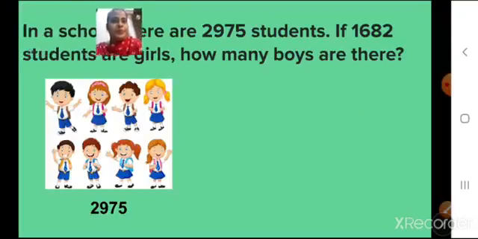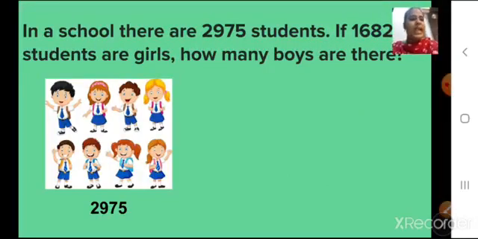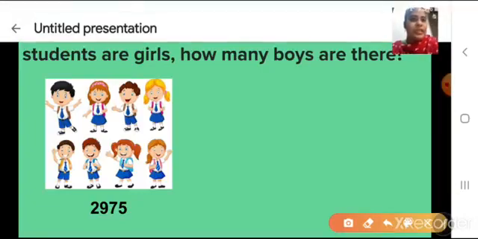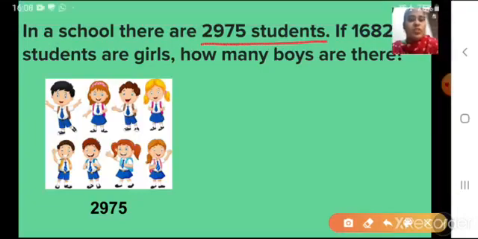We can gather the information by using our imagination power. What is given here: 2,975 students are there. You can imagine there is a school and there are so many students in the school.